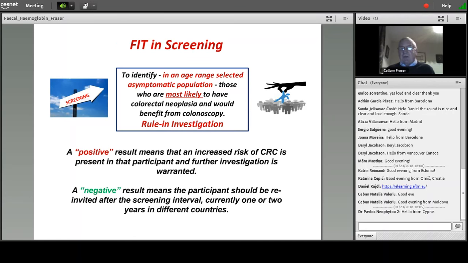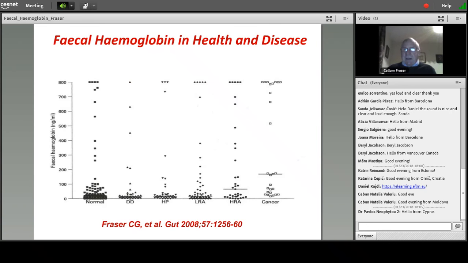A positive result means increased risk of cancer and further investigation warranted. A negative result usually means the participant should be given educational material, but then re-invited for subsequent screening, depending upon 1 year or 2 year screening intervals. Depends on the country.